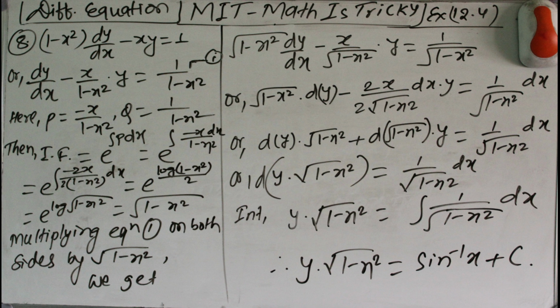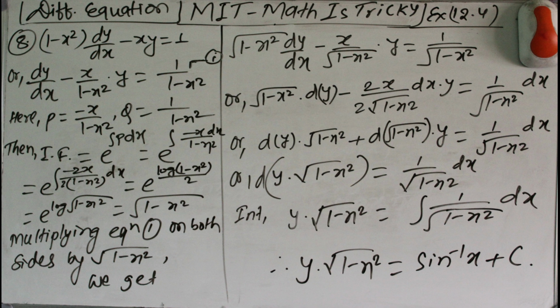Now it's simply integration of 1 by 2 log 1 minus x squared, because the derivative of 1 minus x squared is minus 2x. So 1 by 2 means we can write log of root 1 minus x squared, and this can be simplified as square root of 1 minus x squared.